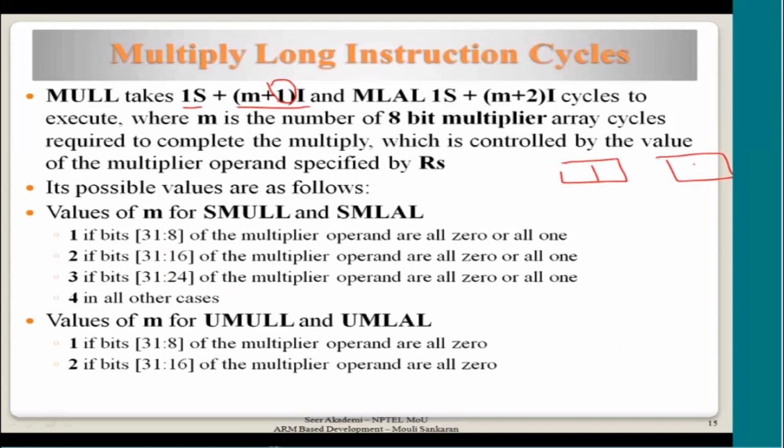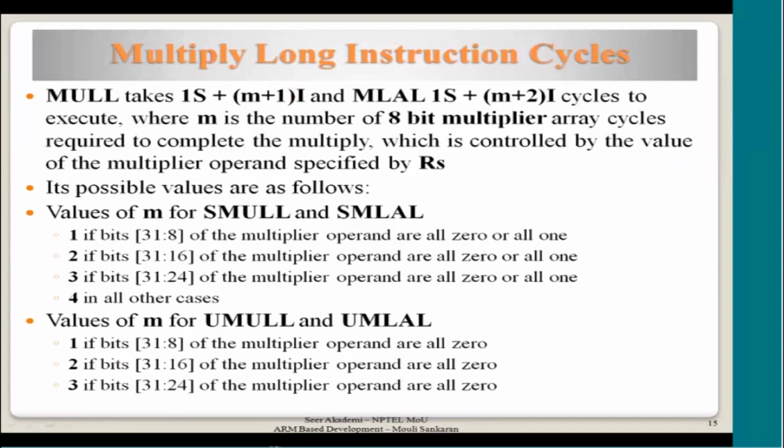Okay, it has to spend one more cycle in copying this value into this register. Please remember, in the register file, the results have to go from the multiplier unit to each register. So there are only 2 read ports and a write port for the register file apart from R15. So when there are so many operands to be accessed and the results will be written, and it's all 64 bit values, so 2 registers are accessed, you will have an additional internal cycle to put the result back into the register file.